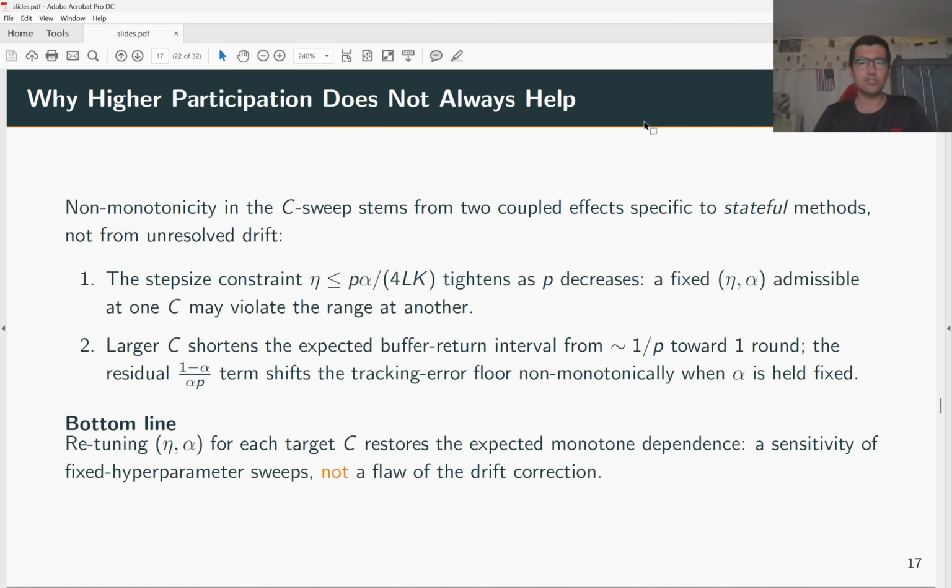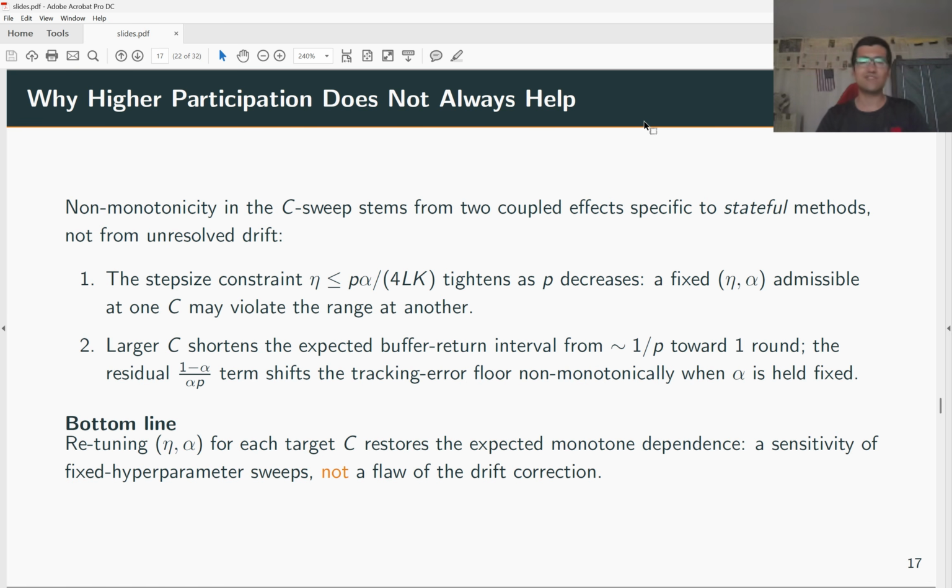The intuition says more participants should mean a lower variance aggregate, and better accuracy. So why did 10% beat both 5 and 20? Two coupled effects, both specific to stateful methods, and neither of them is unresolved drift.